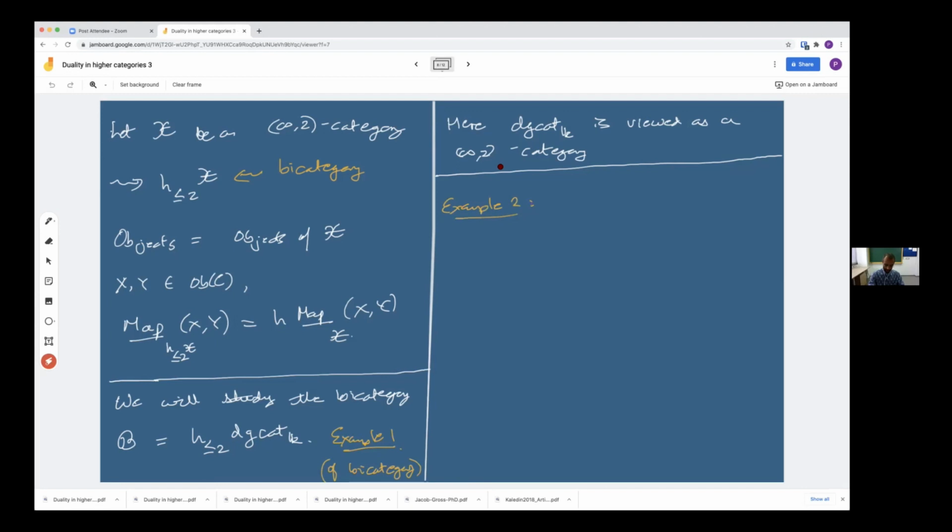So let's take the Morita category. Let's call this Alg, this Morita bicategory, Morita infinity 2 category. It's defined as follows: the objects of Alg are Alg k, let's say. These are E1 algebras over K, so associative algebras.